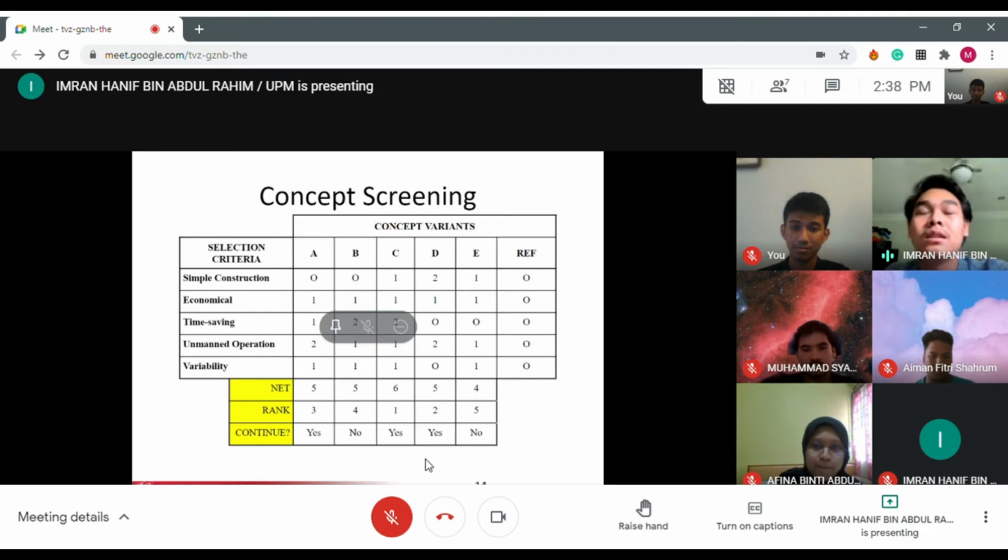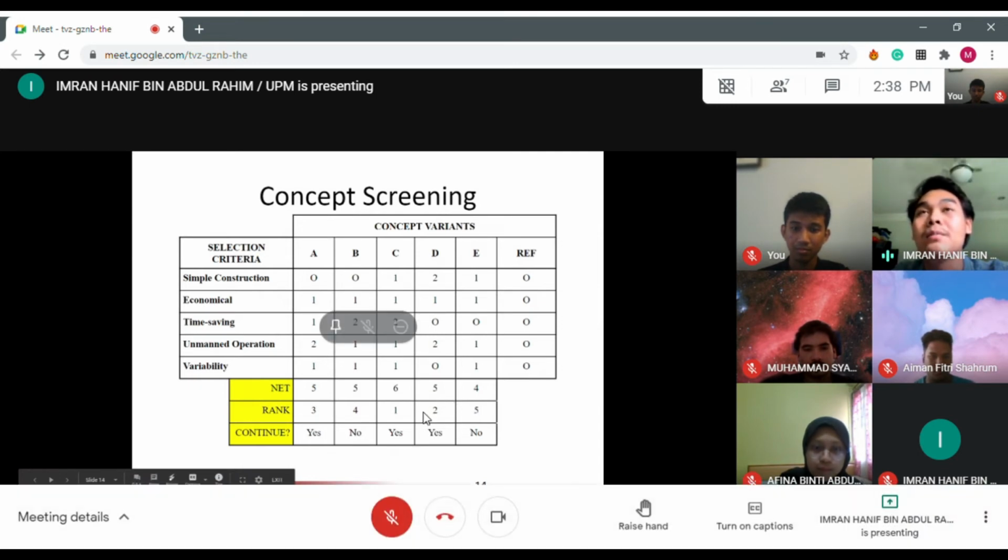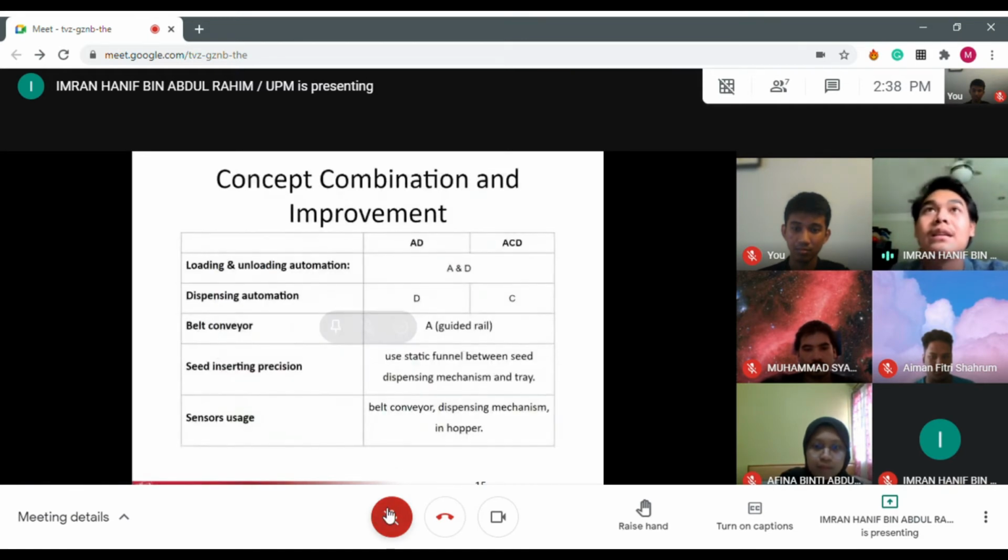As you can see at the bottom, we have the total score, and we are going to proceed with designs A, C, and D, and we are eliminating designs B and E. The next one, Azry will continue the presentation.